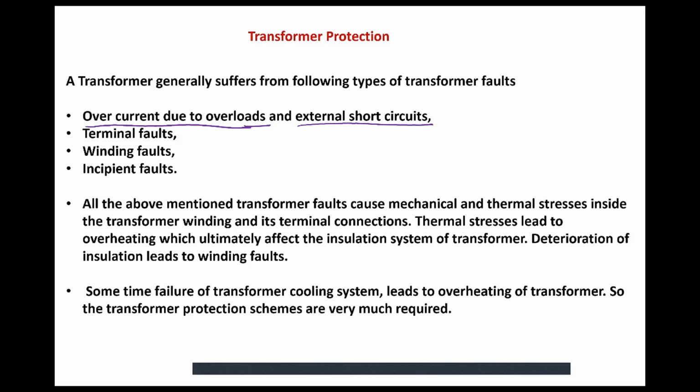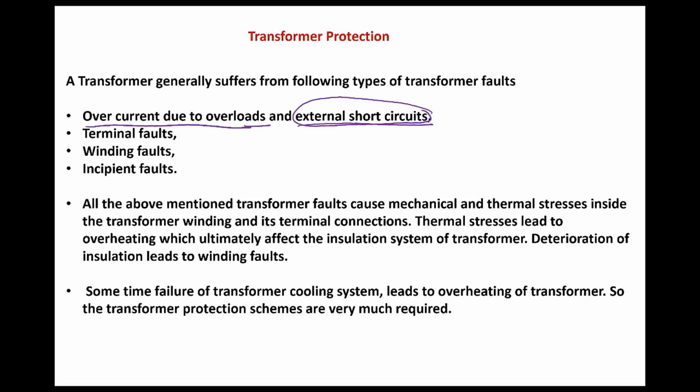Sir, what is the meaning of the word external short circuit? A short circuit that is happening outside the transformer. Those are called external short circuits. There are short circuits that can happen inside the transformer also.